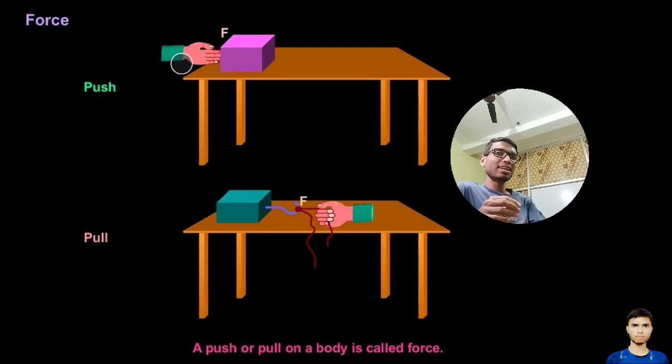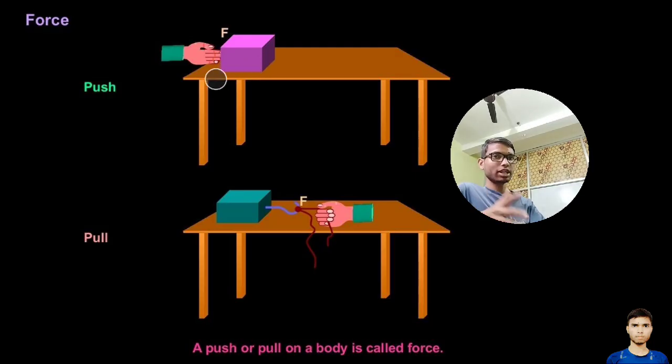Force. Here you can see a hand. Let's say this is your hand, or otherwise this is my hand. Now there is an object which is on a table. Here, what is happening? You are pushing this object. Right now this object is at rest.